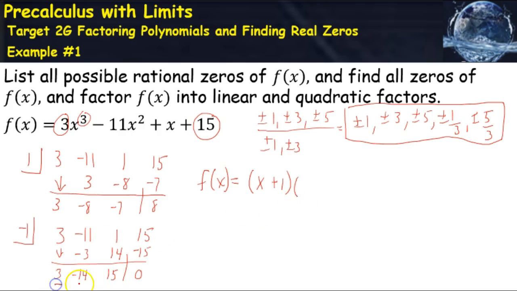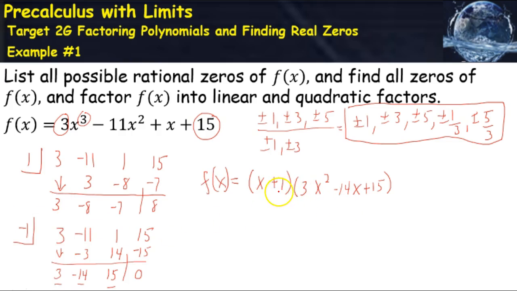Using these numbers as the coefficients, starting with x squared, I have x squared, x, and a constant, with coefficients 3, negative 14, and 15. Now this I can just factor, or try to factor at least, using the normal methods.